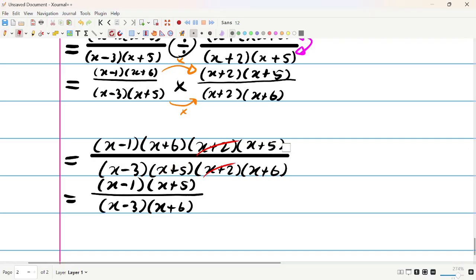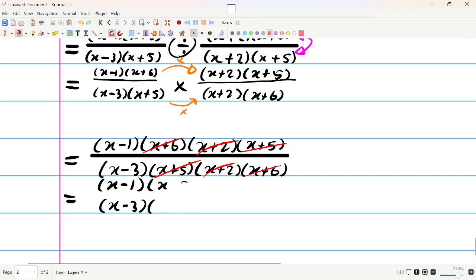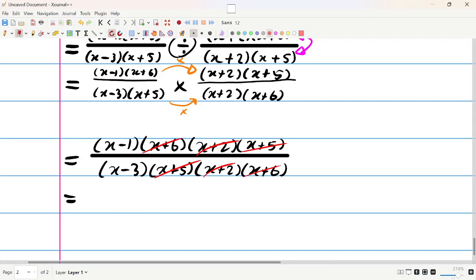So clearly we need to have that like that. But these x plus 5s can now cancel, and these x plus 6s can also cancel. So that's the only mistake that I actually noticed from this. So therefore, our answer will look as follows. We are left with x minus 1 over x minus 3.